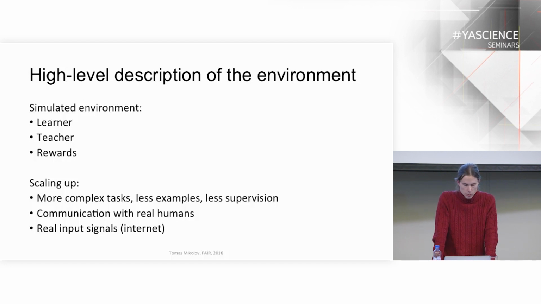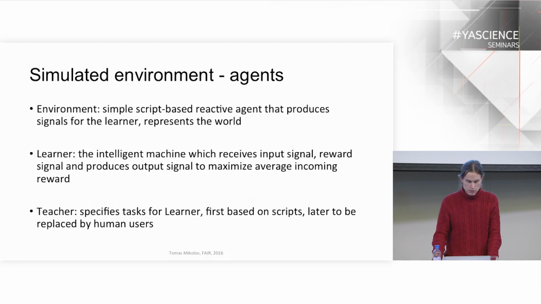Later, the teacher will be replaced by a human who will be setting the goals. And of course, for scaling up, which is really far away, we can consider real input signals coming from the internet, so that it can also be made part of the communication channels. We discuss these issues in more detail in the paper.